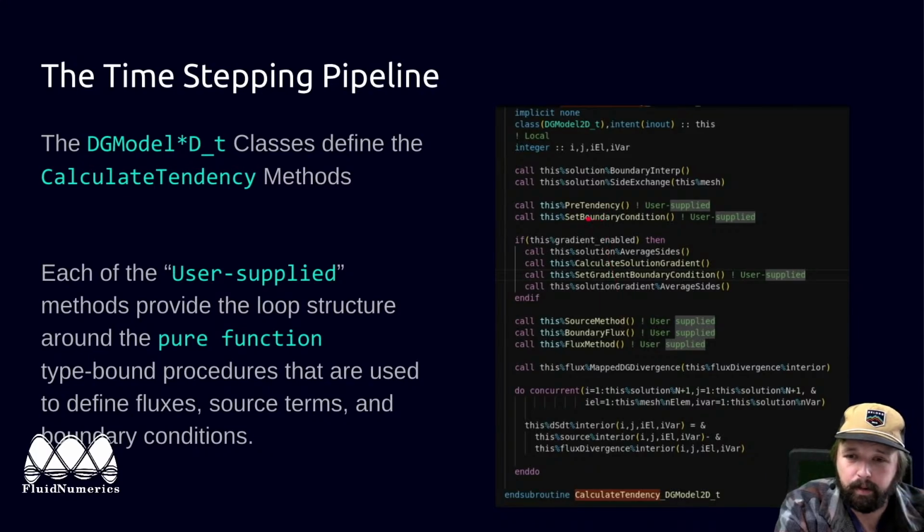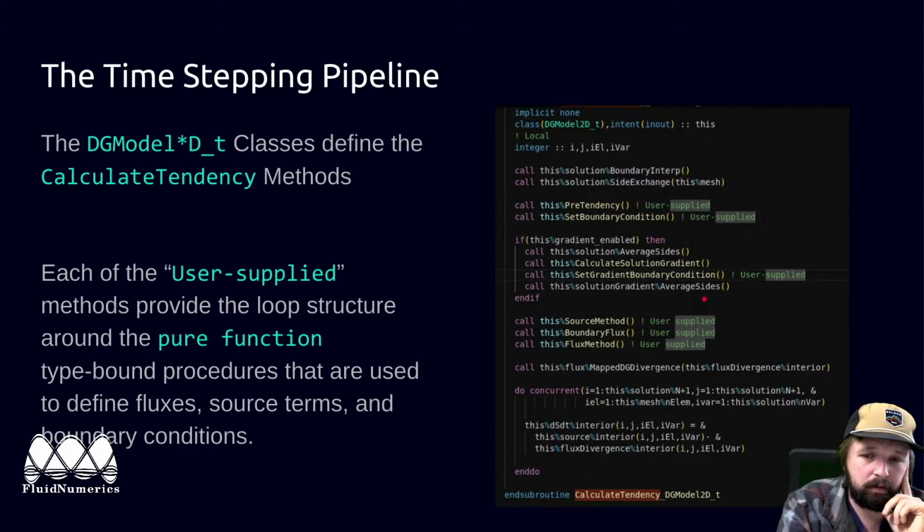Then there's, of course, set boundary condition, which we have talked about a couple times before. But I suppose every one of these deserves their own video explanation. If gradients are enabled, we have a standard pipeline for using a Bassey-Rebay method to calculate gradients.